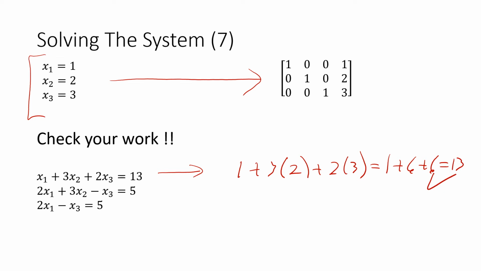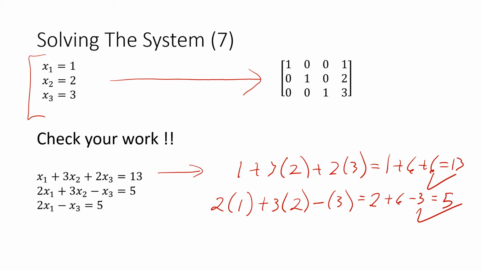Take my second one. 2 times x1, which is 1, plus 3 times x2, which is 2, minus x3, which is 3. What is that? That is 2 plus 6 minus 3. Add those up. That's 8 minus 3 is 5. That checks out.